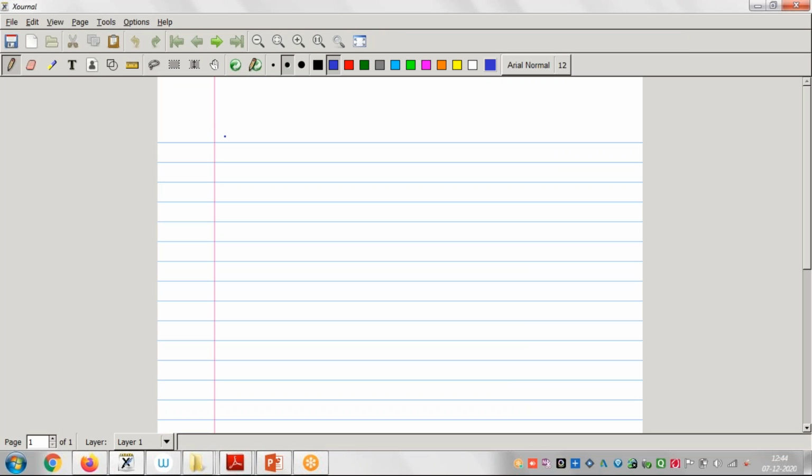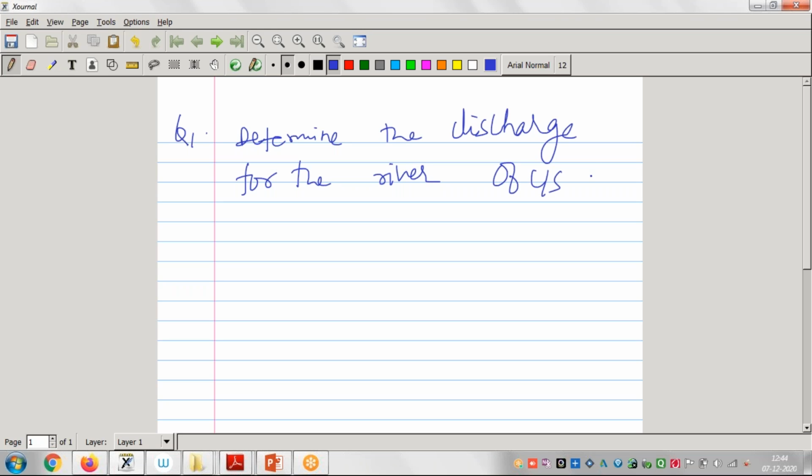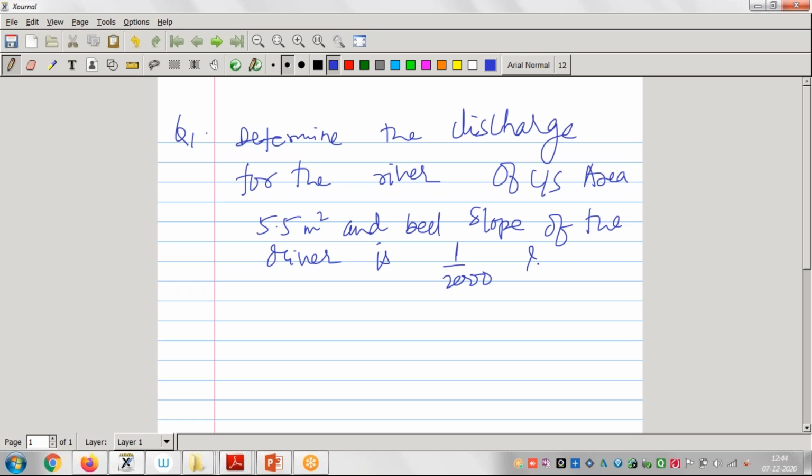Now, for example, the question is given: determine the discharge for the river of cross-sectional area 5.5 meters square and the bed slope of the river is 1:2000 and Manning's coefficient.